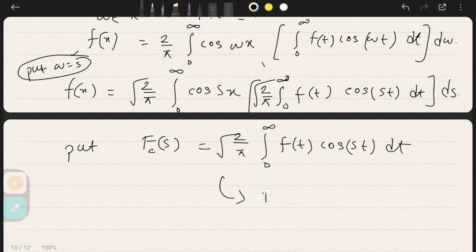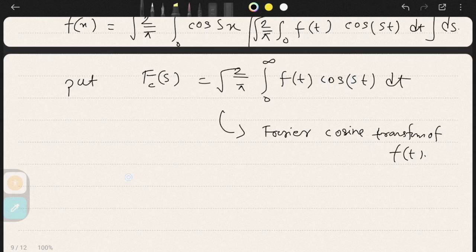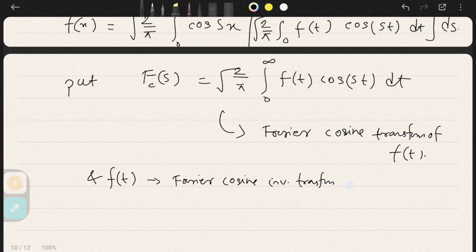This is the Fourier cosine transform of f(t), and f(t) is the Fourier inverse cosine transform of FCS. That's it guys, thank you.